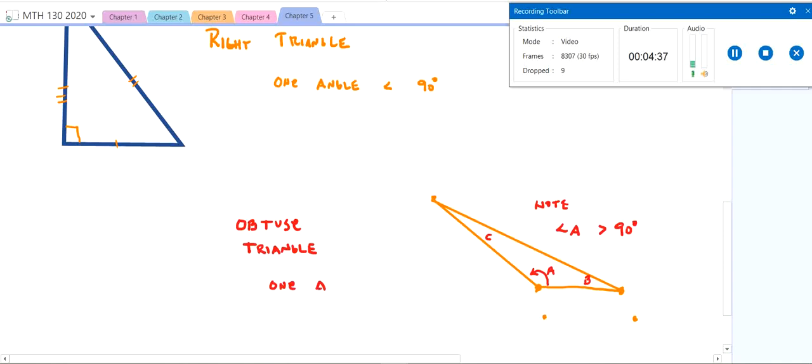So one angle is greater than 90 degrees. The sides again can be any size.